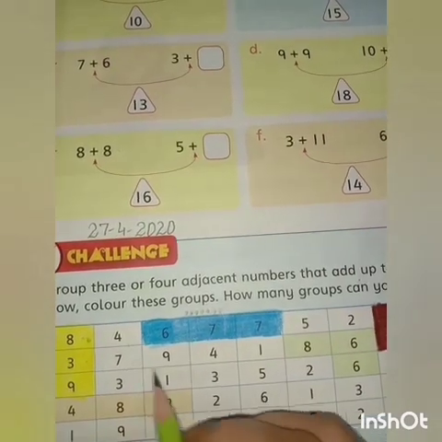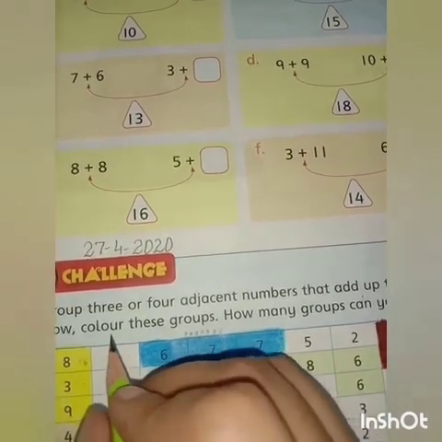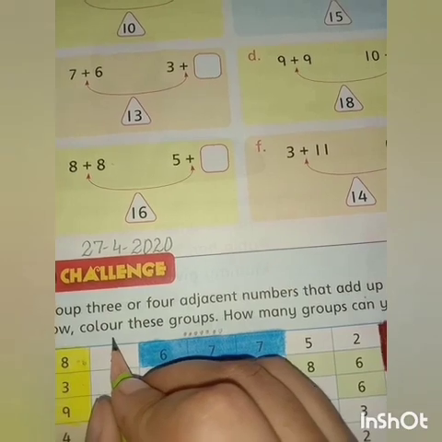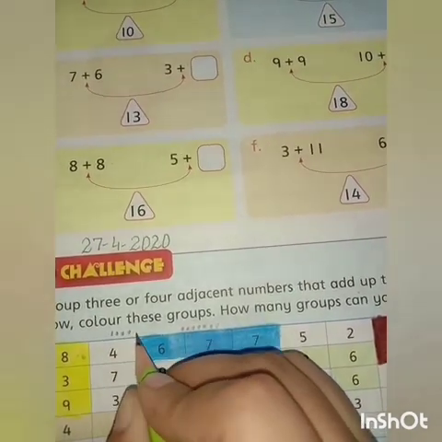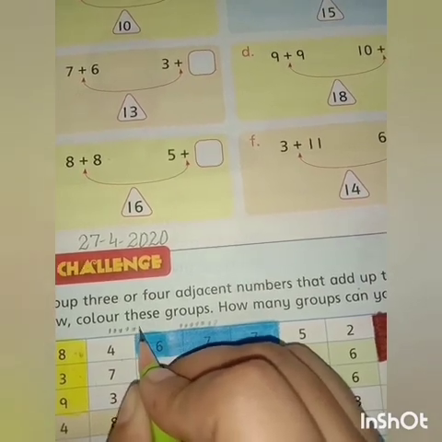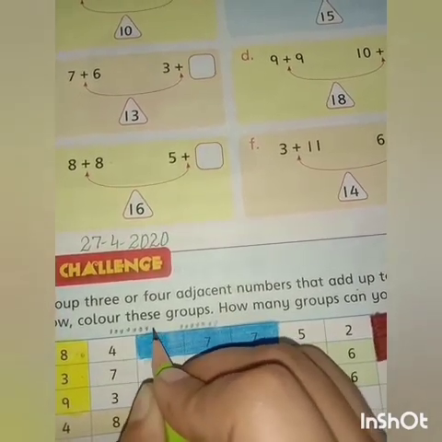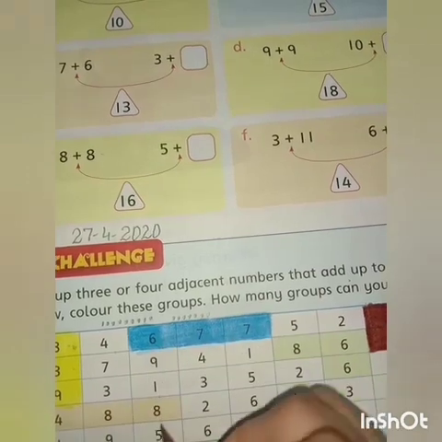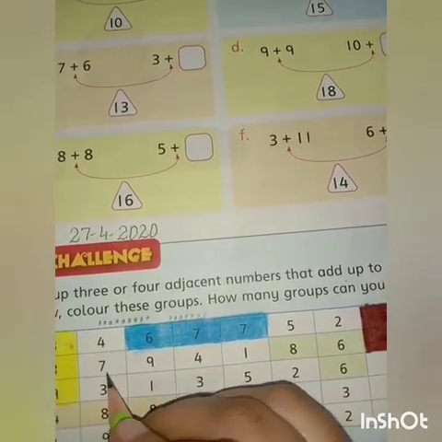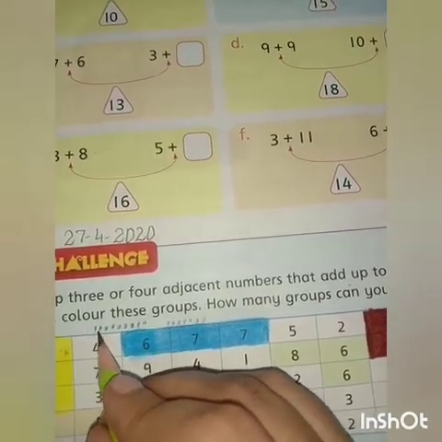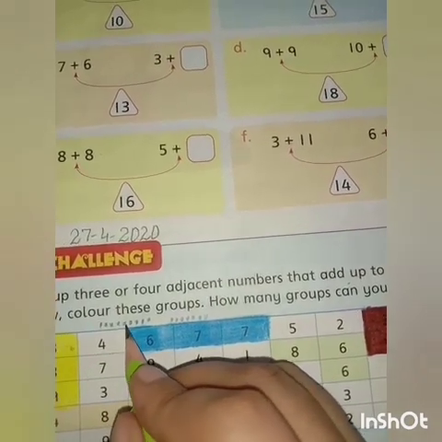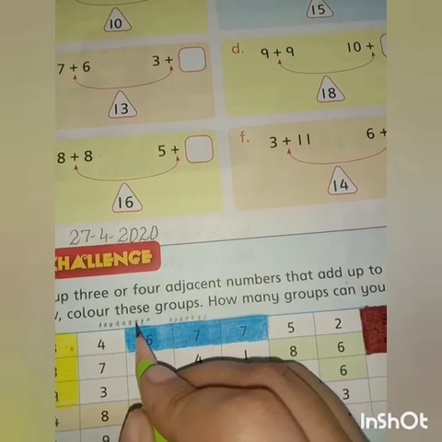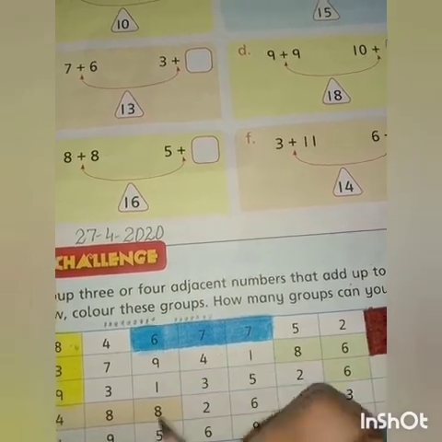When we add 7 and 9, we have to point 9 dots here. 1, 2, 3, 4, 5, 6, 7, 8, 9. Now count towards 7. 8, 9, 10, 11, 12, 13, 14, 15 and 16.